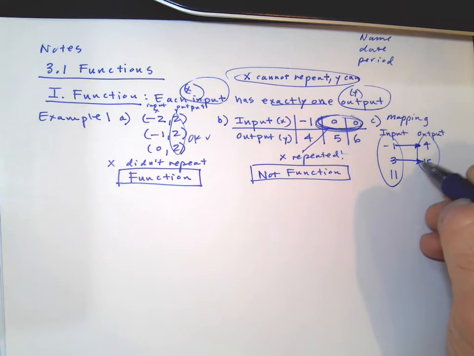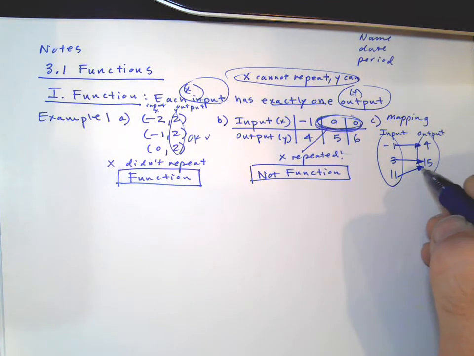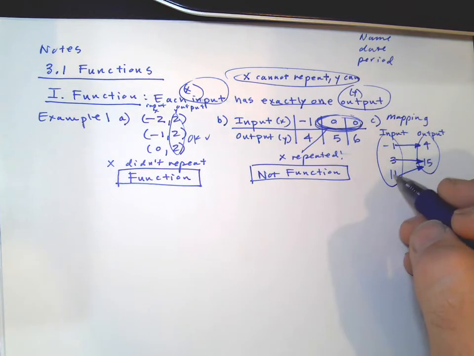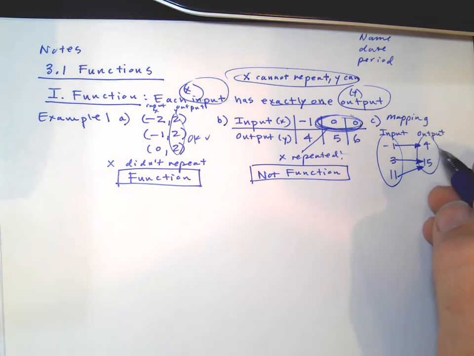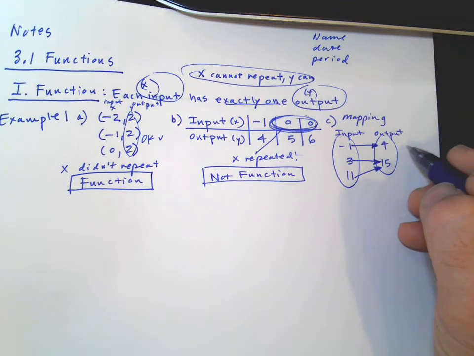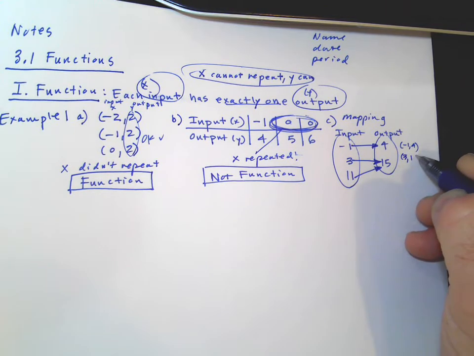-3 gives 15. Negative 11 gives 15. So you might think, oh, these two x's go to the same thing. No, that's okay. There's no repeated x's. In fact, we could write these as ordered pairs, and it might make it a little more clear what's going on. We could say this is -1, 4. This is -3, 15.